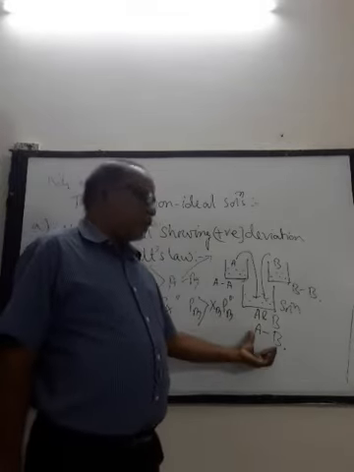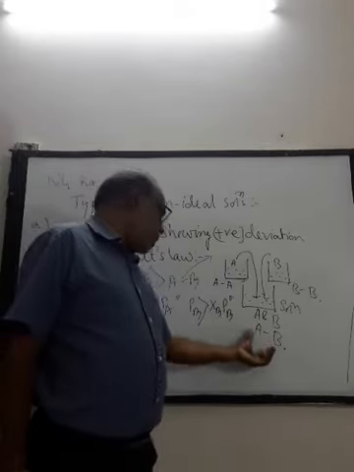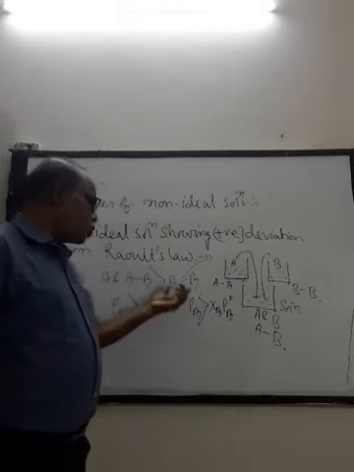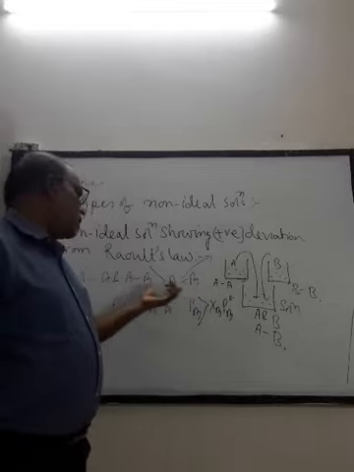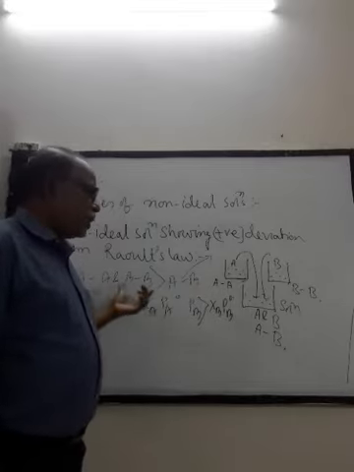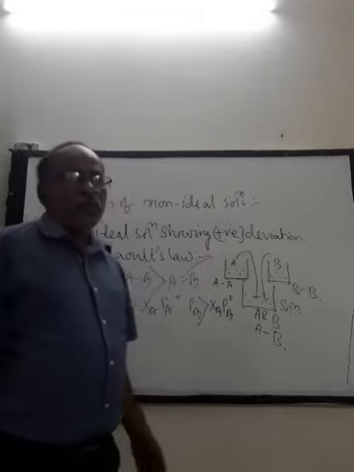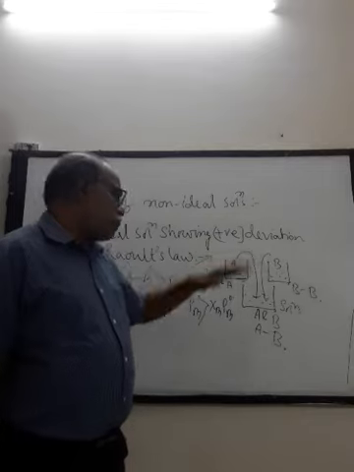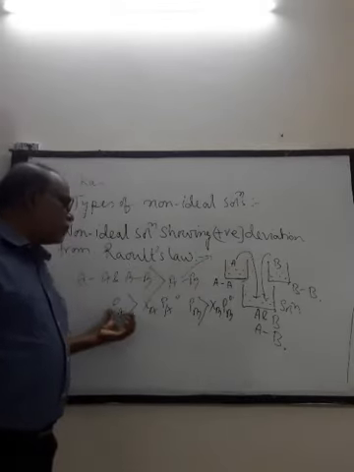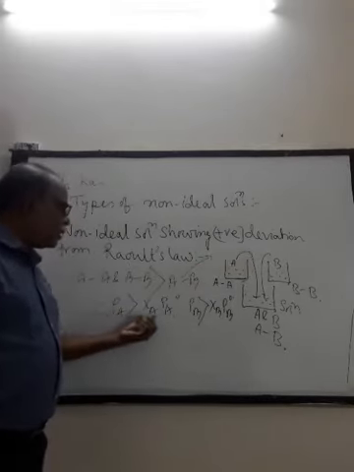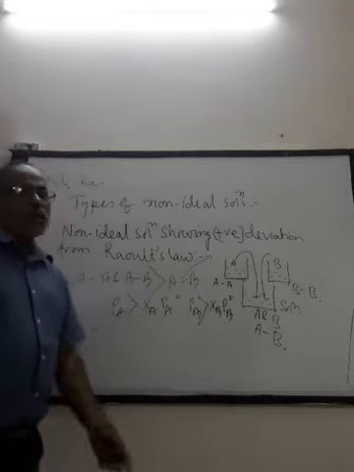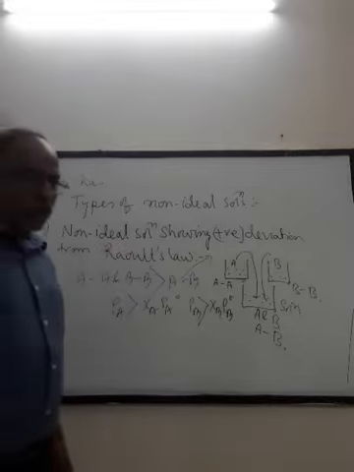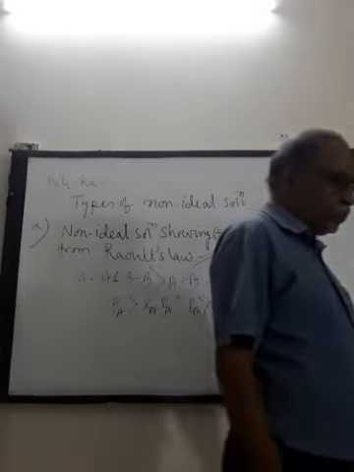Now after mixing, if AB interaction is weaker than AA and BB interaction, that is, interaction after mixing is weaker than interaction before mixing, then there is more tendency to get vaporized. So vapor pressure will be higher than value expected from Raoult's law.